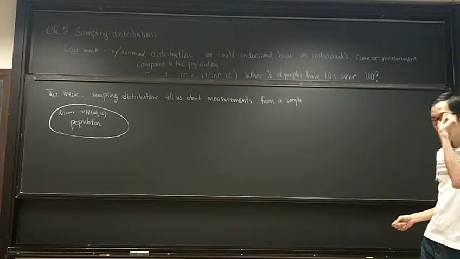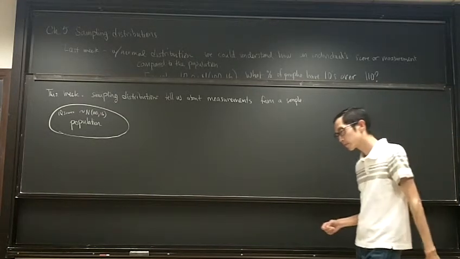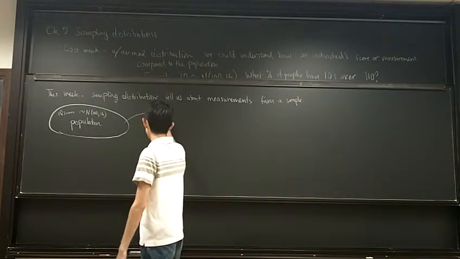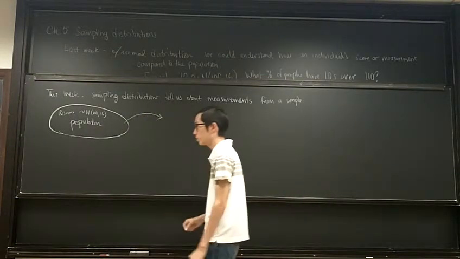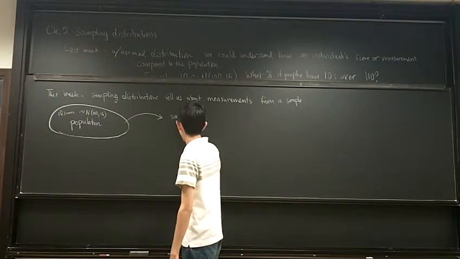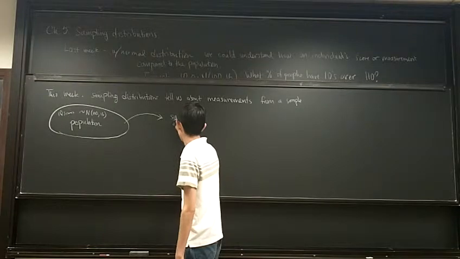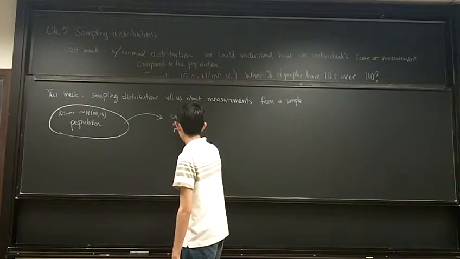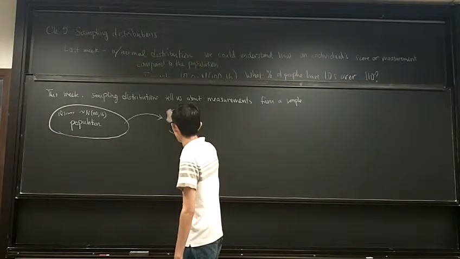But now I'm not going to draw out one person at a time. Let's say I draw out 10 people. I take a sample of 10 people, so n is equal to 10.